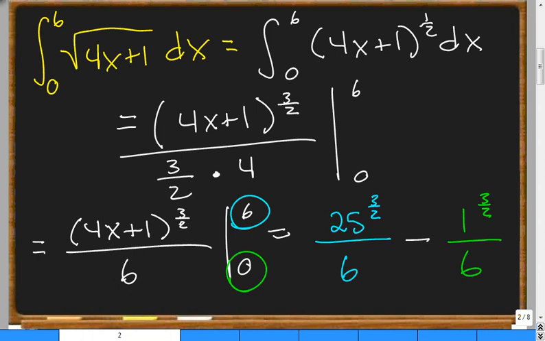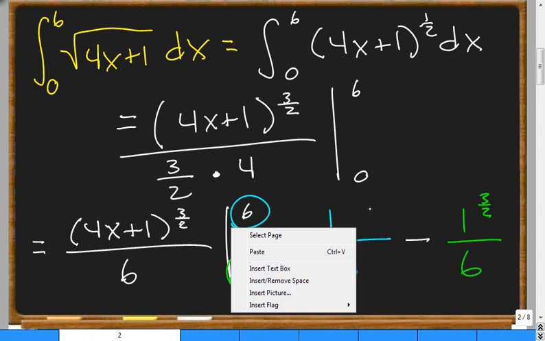So what do we get here? 25 to the 3/2 is the same thing as the square root of 25 cubed. So that's 5 cubed, which is 125. So I'm going to replace this with 125.